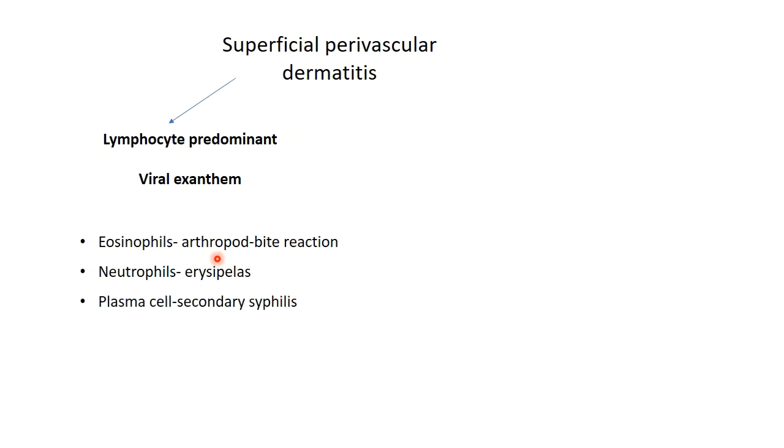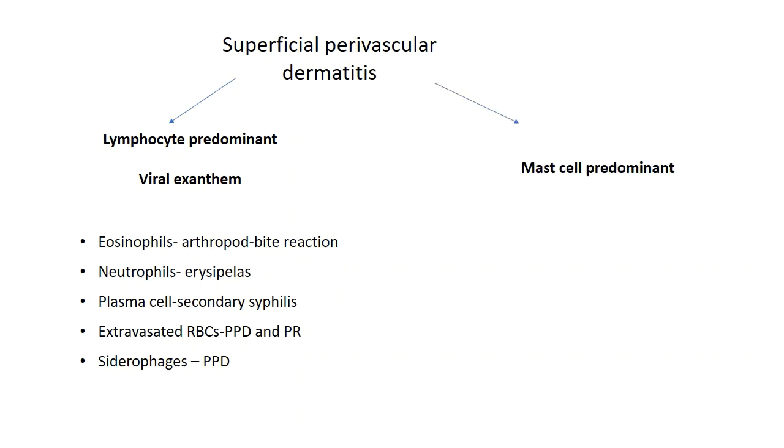Plasma cells are predominant in case of secondary syphilis. Extravasated RBCs are seen in pigmented purpuric dermatosis and pityriasis rosea. Siderophages are seen in pigmented purpuric dermatosis. If the predominant cell population is mast cells, it favors telangiectasia macularis eruptiva perstans.